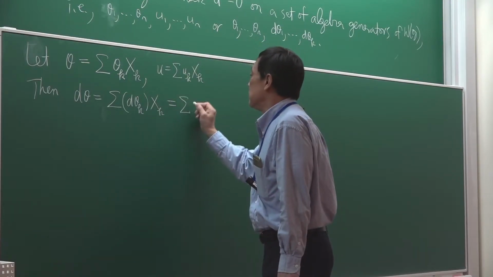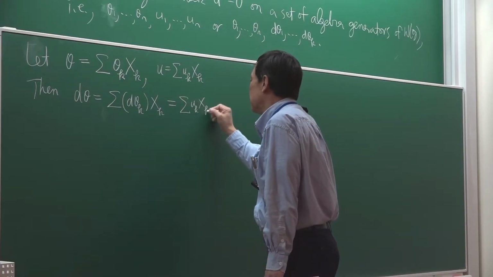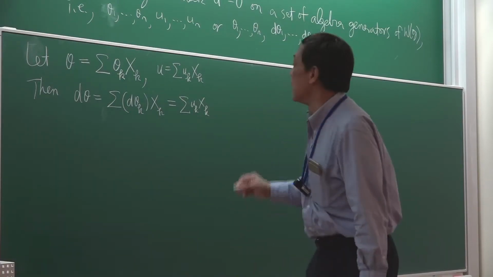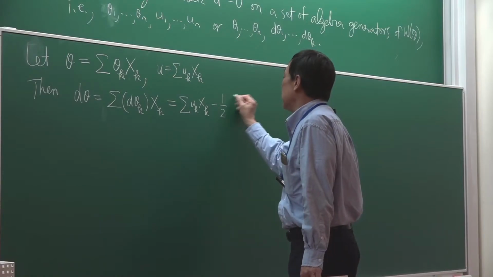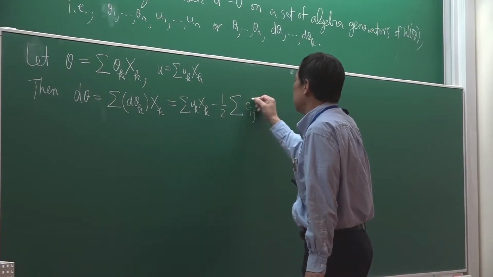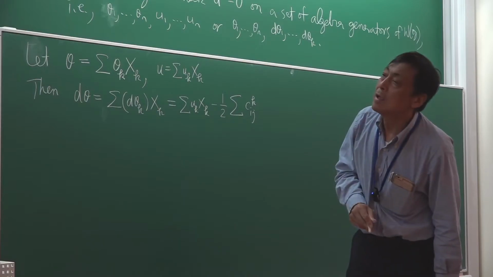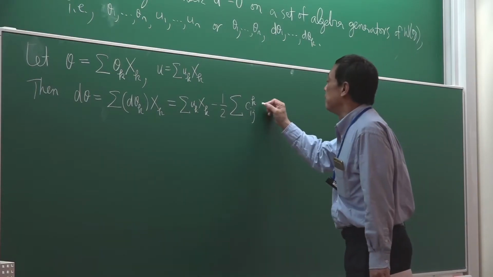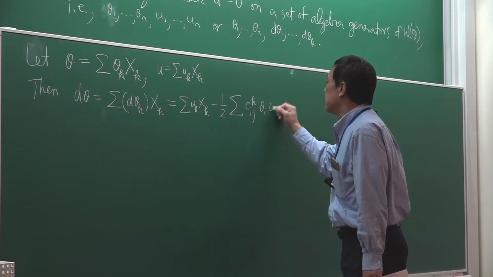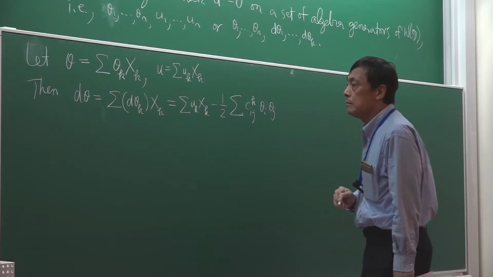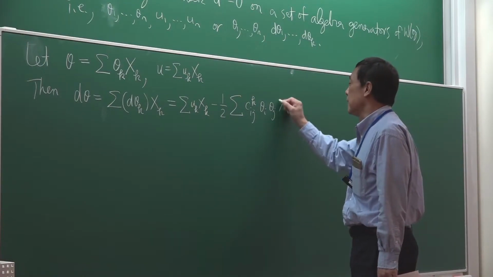So this is going to be the sum of uk xk, and then minus a half sum Cijk theta i theta j xk.